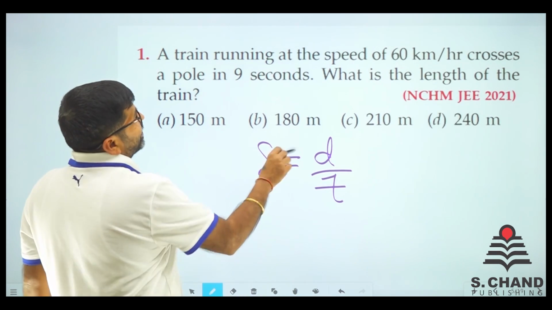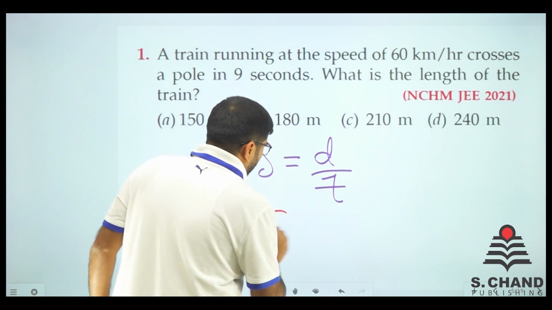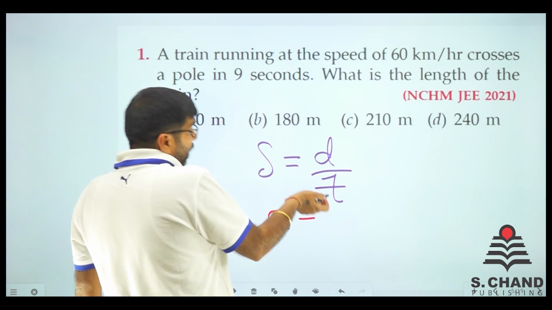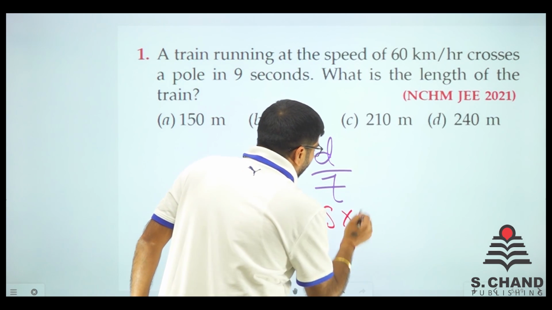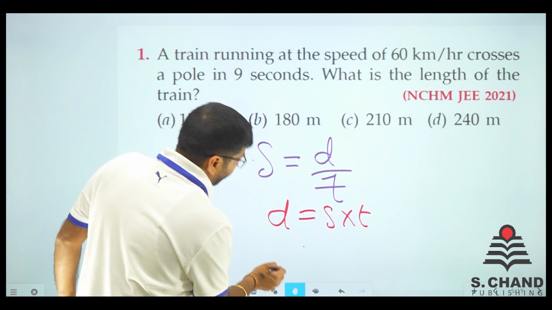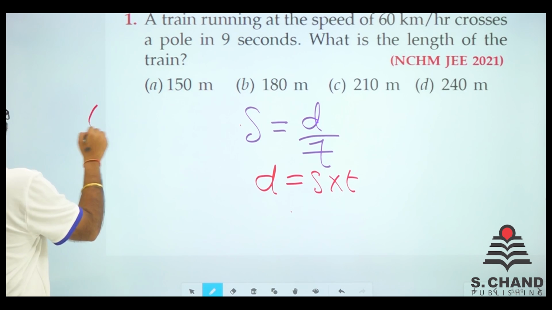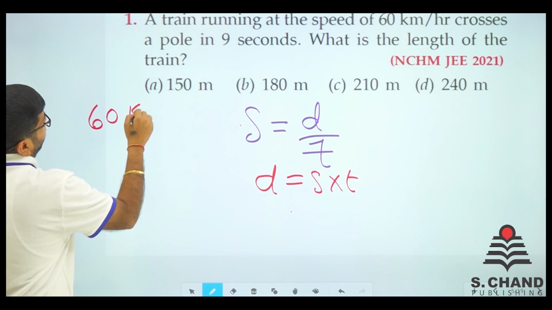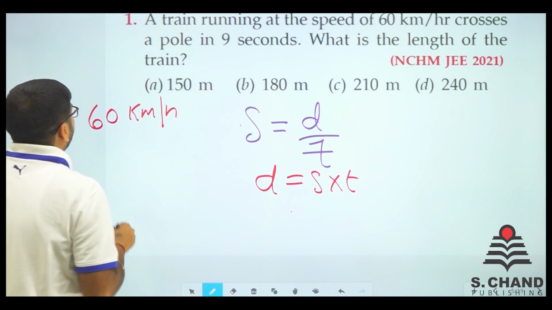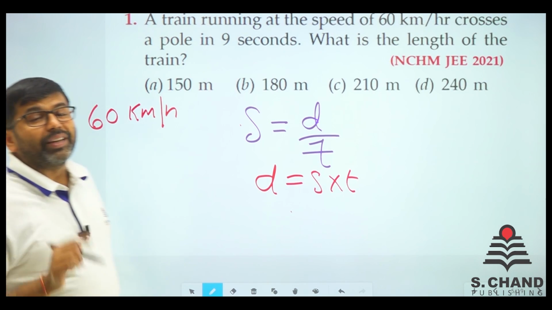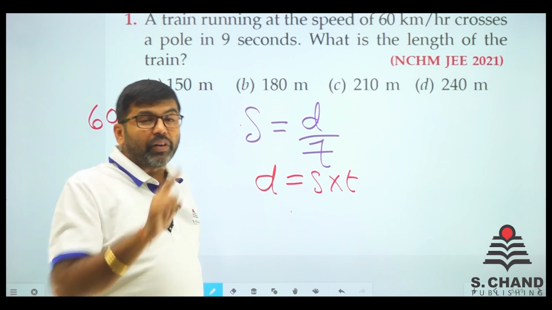So we have distance is equal to what we need to find out. So d is equal to question mark. We multiply t into s, so s into t. That means speed is in kilometer per hour. As I told you, it will always be there that speed will be in kilometer per hour. We need to convert this into meter per second, and that is the first thing you need to do.